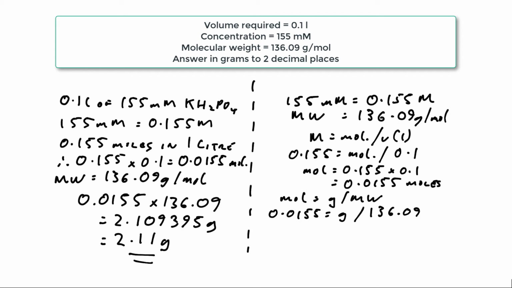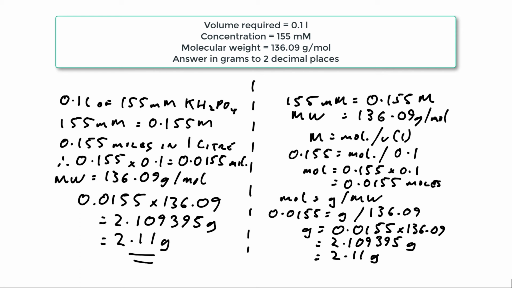If we rearrange this equation to give us the grams, we come up with grams is equal to 0.0155 multiplied by 136.09, which gives us an answer for the number of grams we require of 2.109395 grams, which when we round to 2 decimal places gives us 2.11 grams.